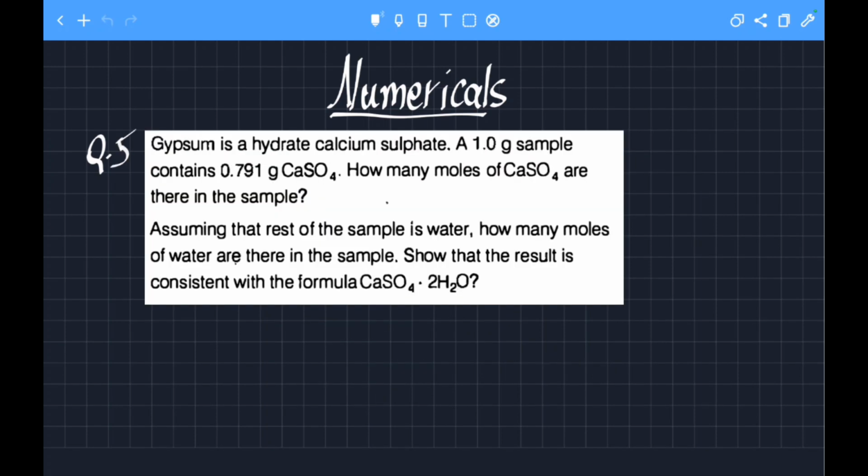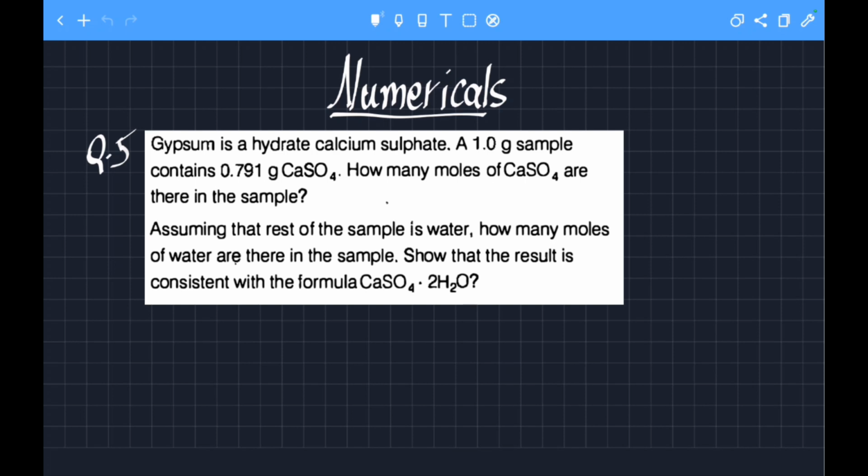Next question. Gypsum is a hydrate calcium sulfate. 1 gram sample contains 0.791 grams of CaSO4. How many moles of CaSO4 are there in sample? Next part is assuming that rest of the sample is water. How many moles of water are there in the sample? Show that the result is consistent with the formula CaSO4.2H2O.